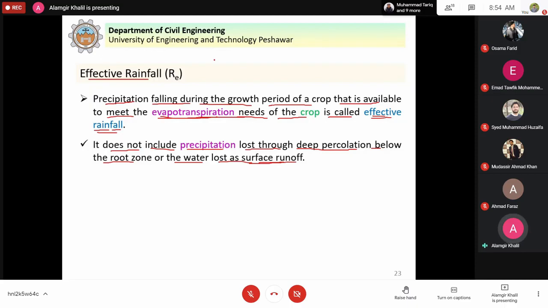In hydrology, you might have studied that we have total rainfall minus abstractions. Abstractions are all the losses.